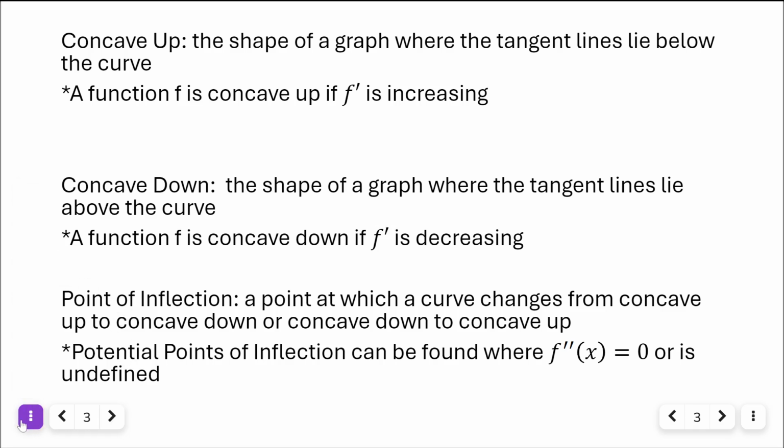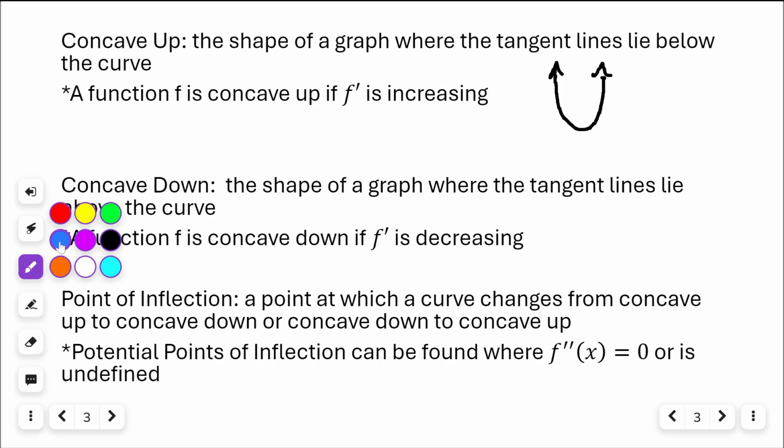So, again, this is concave up. It looks like a U. A more formal definition is the graph is concave up if the tangent lines of that graph lie below the curve.